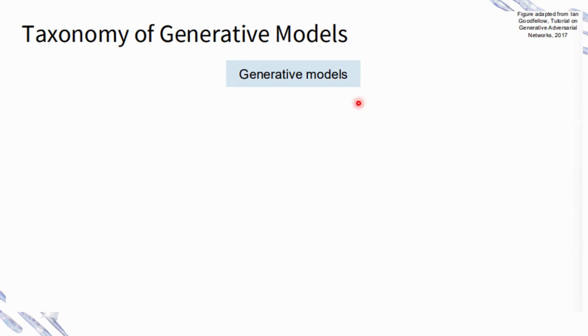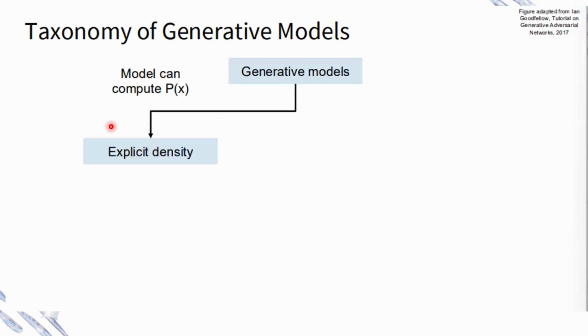And so we split it into two major branches. We have models that can learn and produce explicit density, which is here. For any input, we can evaluate how likely a single data point is, and we have direct access to the probability distribution.